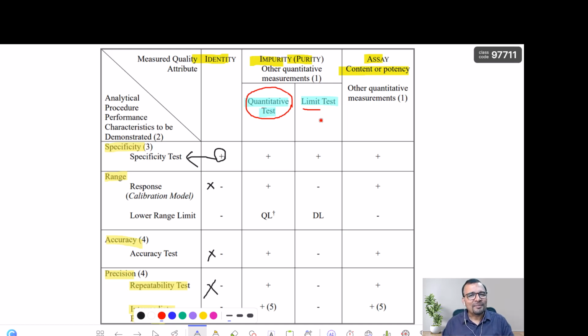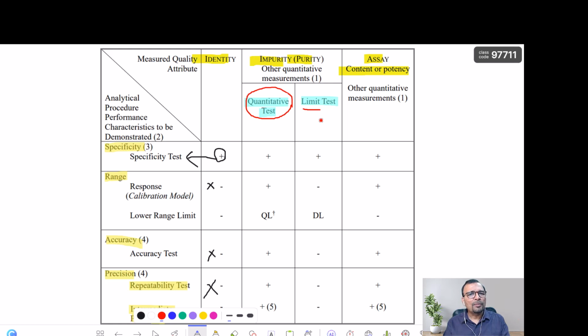Example, TLC. You can just compare the size or the intensity of the spot, maybe 0.1% impurity A TLC plate versus the paracetamol sample TLC plate, and you will be comparing the spot at a certain retention value, right? The retardation factor or retention value.